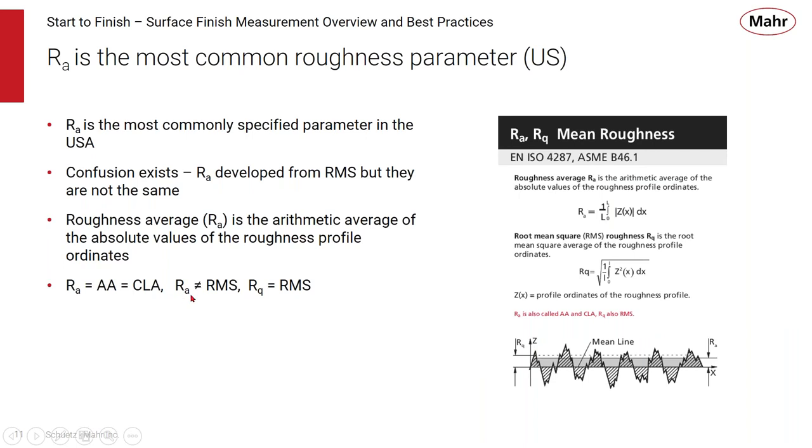Ra does not equal RMS. Rq is a parameter which equals RMS. But again, R sub A, or roughness average, is the most common parameter used today. And there's an ISO standard, an ASME standard, that defines how the Ra is calculated.